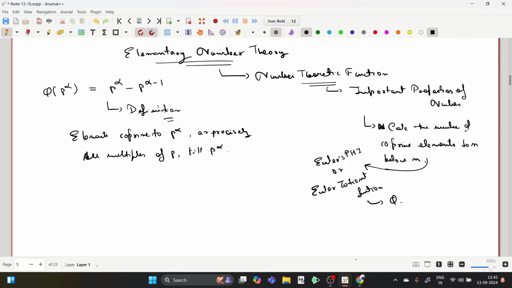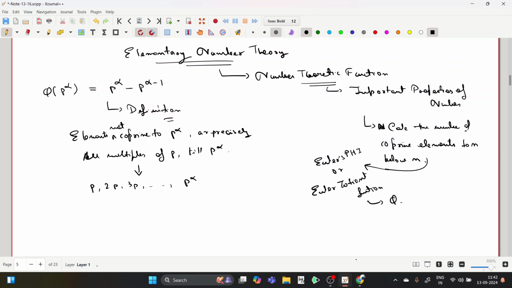So the elements which are coprime to p to the power alpha are precisely, I have written a statement wrong here. The elements not coprime to p to the power alpha are precisely all multiples of p till p to the power alpha. And how many are there? You start with p, the next multiple is 2p, then 3p, and you continue till you reach p to the power alpha.